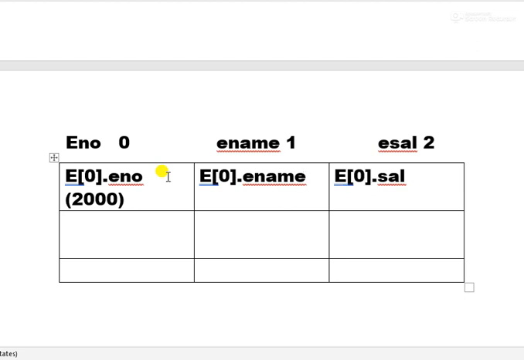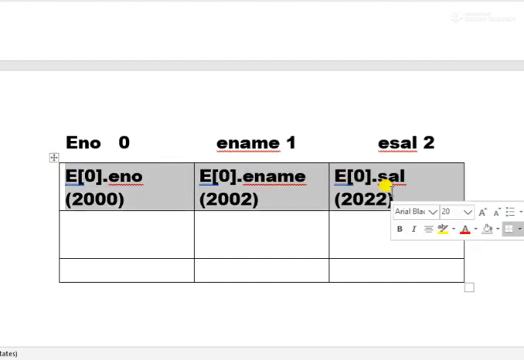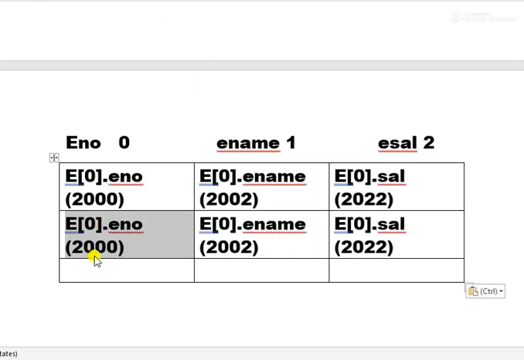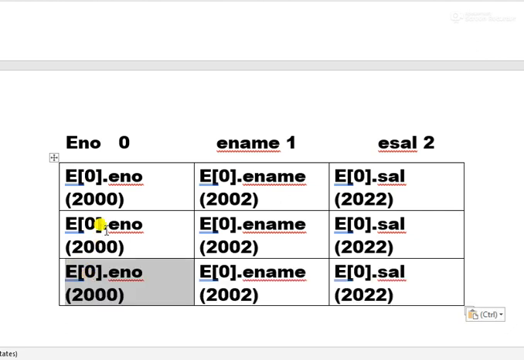The address of this is 2002, and the address of this is 2022, because I will explain about this. Just see the diagram. This is called the e of 1 location.